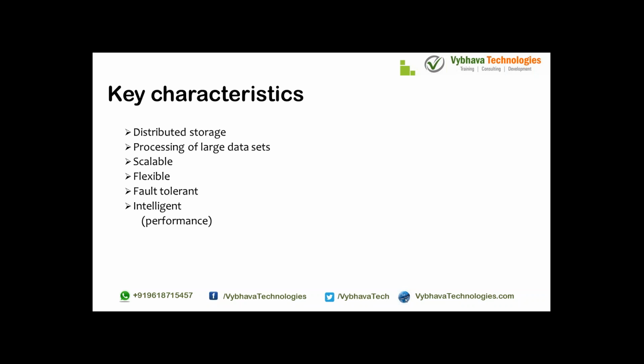A part of the file will be in one machine, another part in another machine. So even if one machine is down, your data is available on the remaining machines. We will discuss in detail when we discuss HDFS. Processing of large data sets happens because of MapReduce. What MapReduce is, we will discuss in the next class.